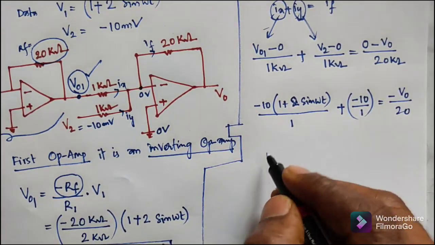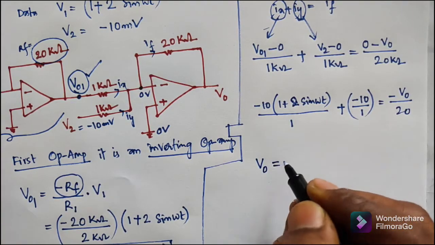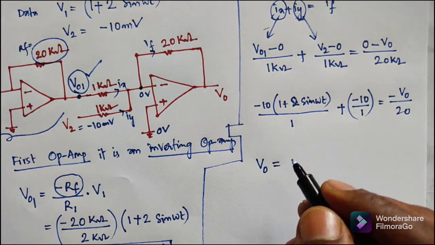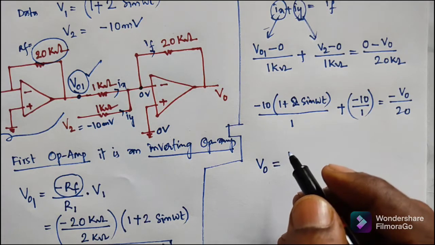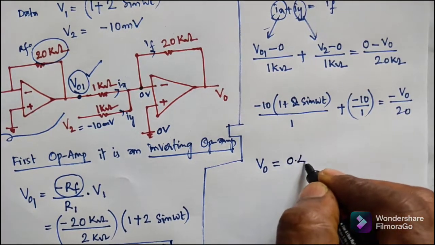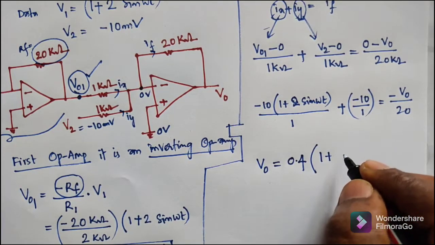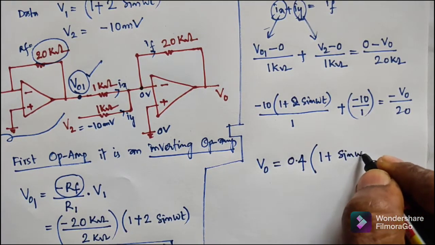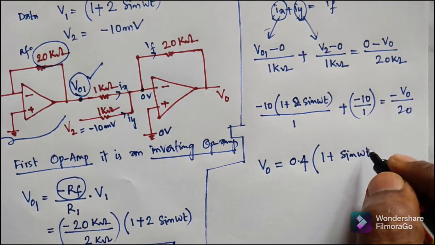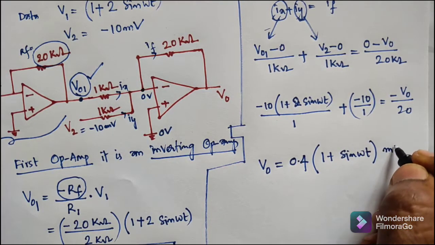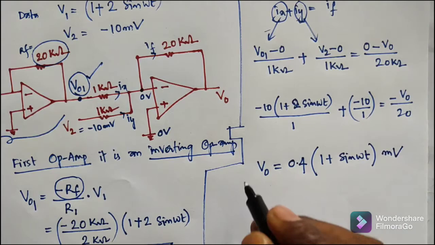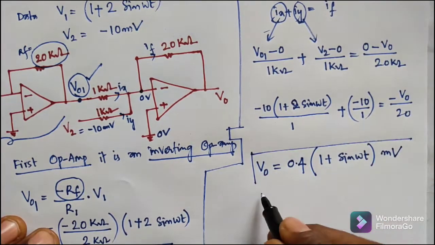Finally, after simplifying, V0 is equal to 0.4 into 1 plus sine omega t millivolts. So this is the final result for V0.